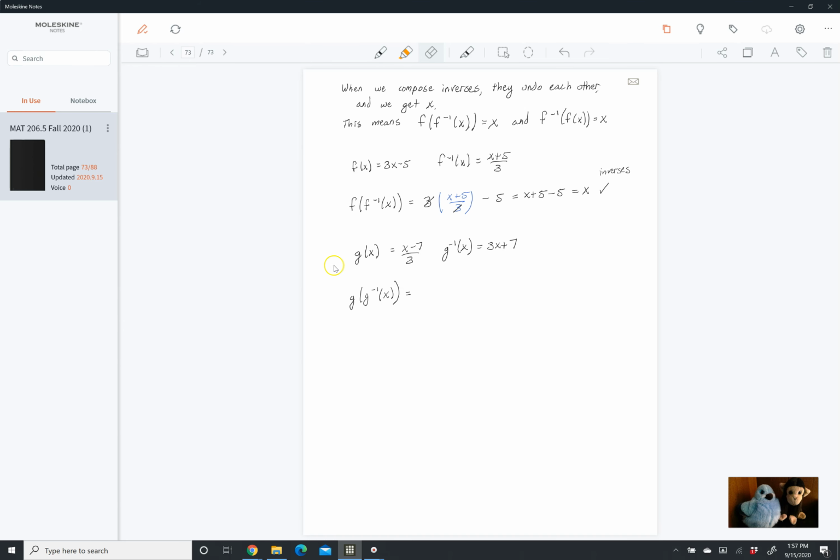So here we see an x as our first thing. So we replace that x with 3x plus 7. Minus 7. Over 3. So again, the order matters here. The 7's go away first, and we're left with 3x over 3, which is equal to x. So yes, these are also inverses.